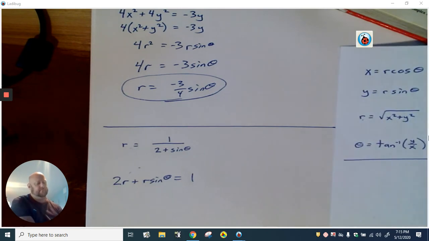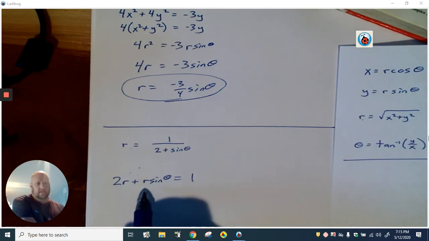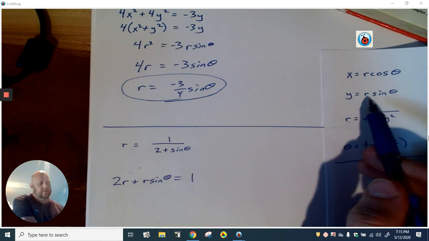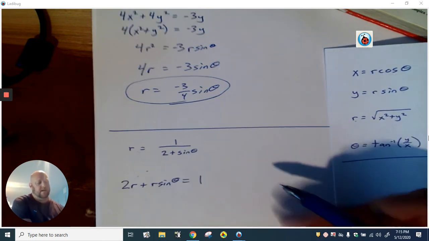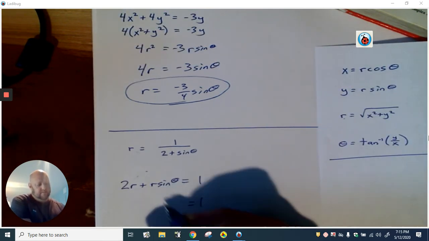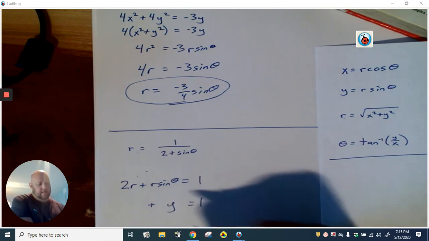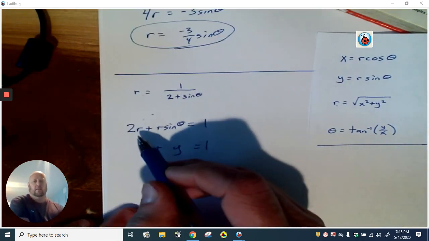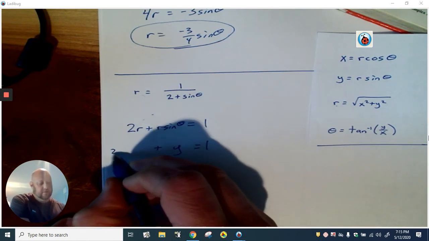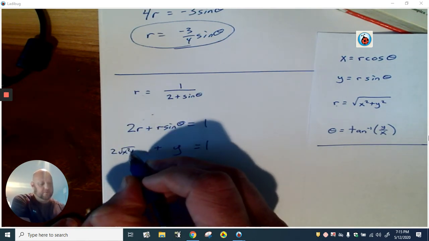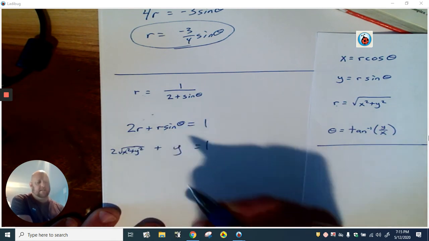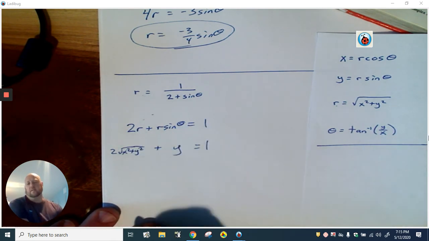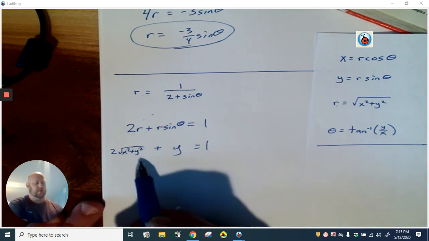Now, that r sine, if I look at my toolbox, r sine, that's just equal to y. So I can just replace that right now with y. And now I just got this r here, okay? So that would be the square root of x squared plus y squared. And then technically I'm into rectangular form, but I would want to simplify that a little bit.